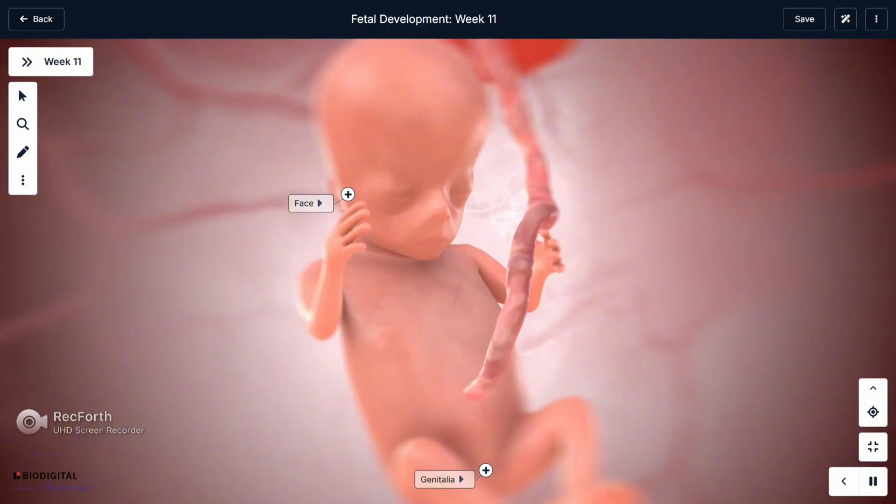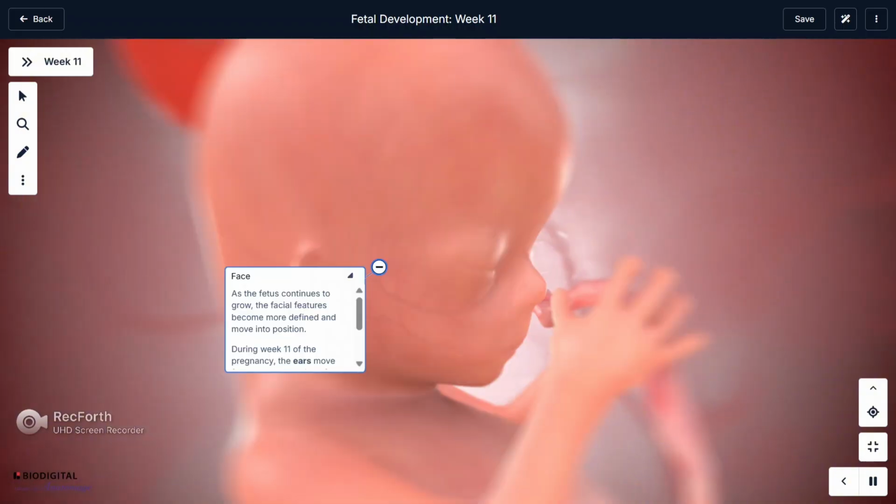So when the fetus is already in week 11 of its development, as the fetus continues to grow, the facial features become more defined and move into position. During week 11 of the pregnancy, the ears move further along the side of the head, and the eyelids, nose, and nasal passages become more developed.